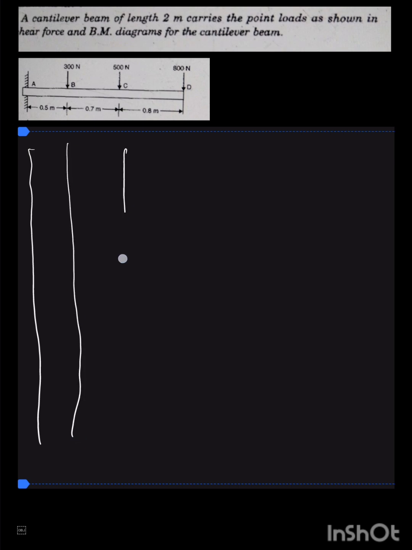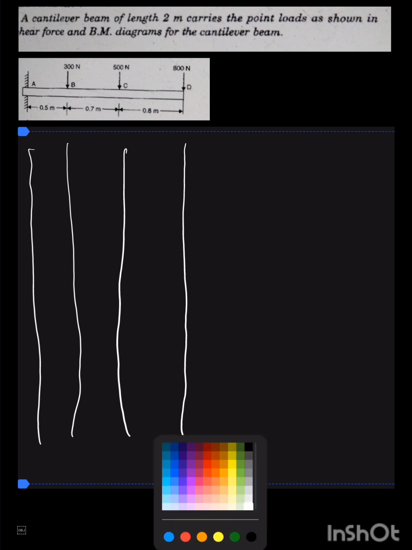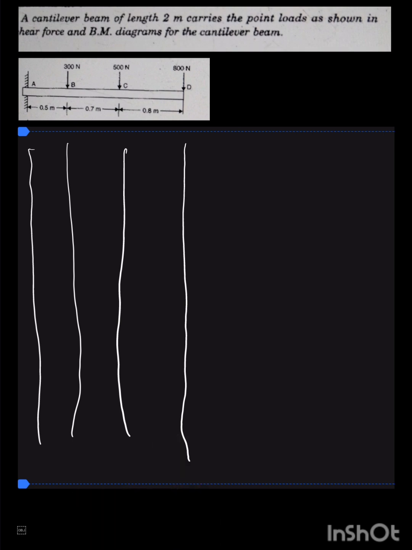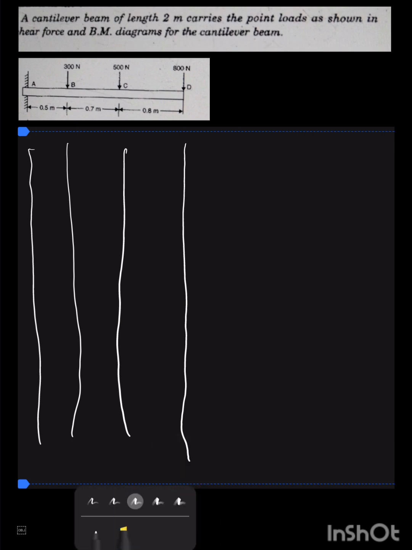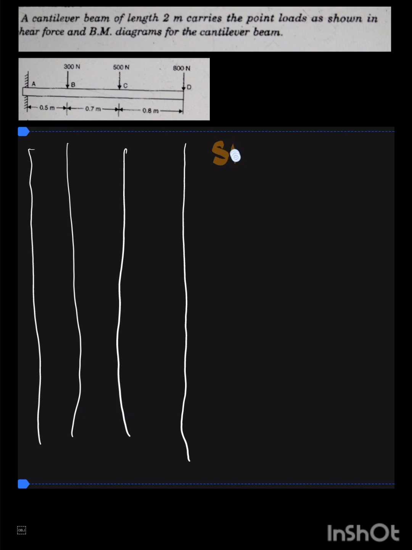Now first we have to project the projection lines for these diagrams. These are the projection lines. Now calculate the shear force and the bending moments. SF means shear force. We consider shear force from the right side onwards.